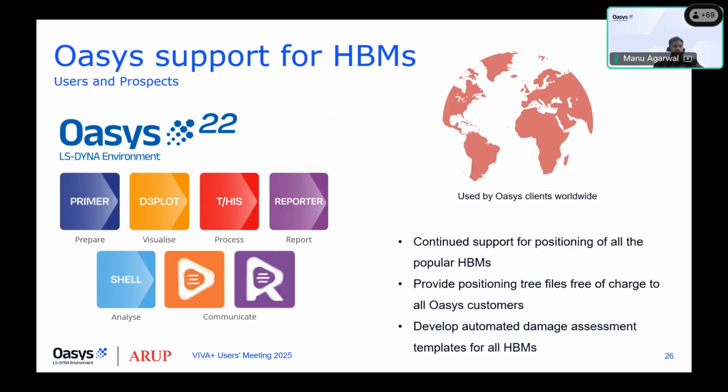These positioning tree files that we talked about are freely available to all our Oasys customers, and in future we'll continue to support more HBM versions for positioning in Oasys Primer. We are also looking to update the HBM positionings to be suitable for different scenarios. In addition, if the HBM is added to the protocol, we'll also support the HBM automated damage assessment templates that might be needed for those protocols.